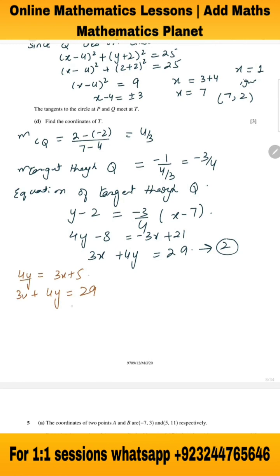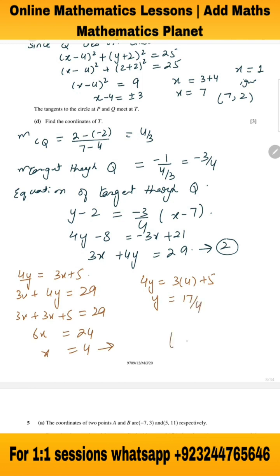Substituting the value of 4y in 2. Now substituting back in 1, we get the coordinates of T are 4 and 17 by 4.